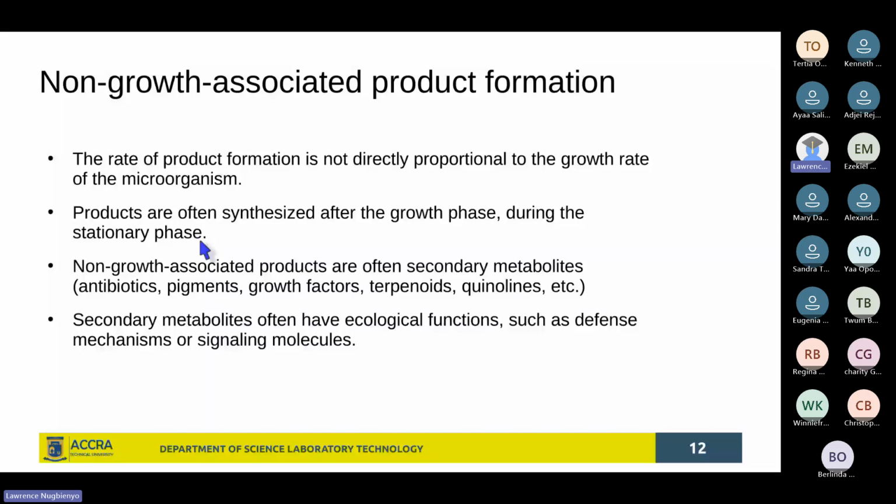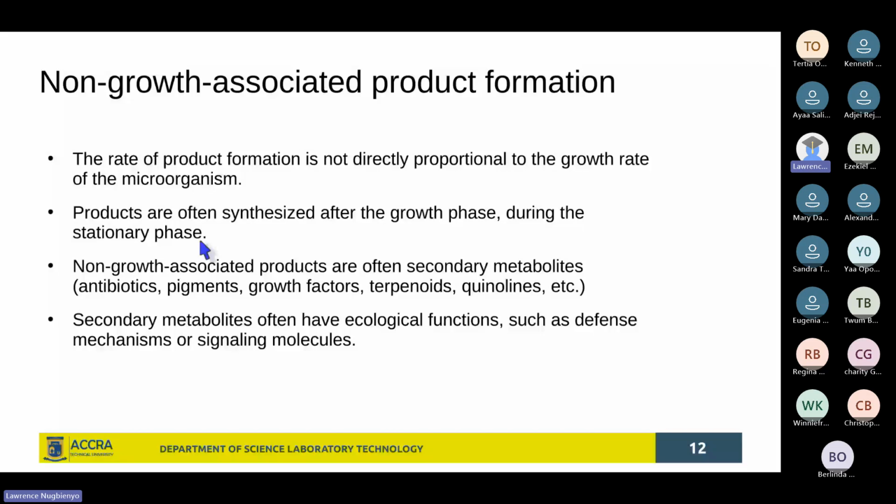And these non-growth associated products include substances that are produced by these microorganisms primarily for defending themselves. It's for defense mechanisms, and also for signaling, like cell signaling. So if you do remember, in your biochemistry you did things with hormones, some signaling molecules like the neurotransmitters.